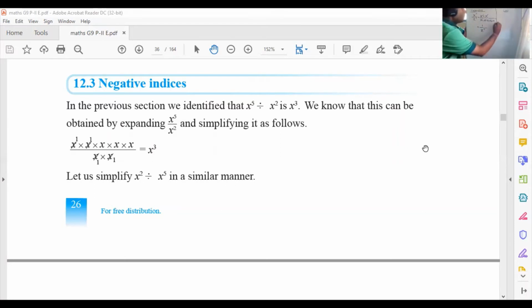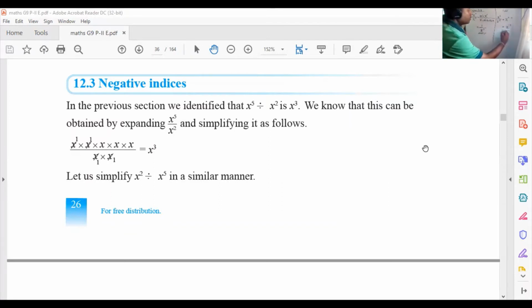Right? Now by applying laws of indices to find the answer for this, what happened? Let's see. X to the power 2 minus 5. Then it is x to the power negative 3. These two answers should be the same, no?